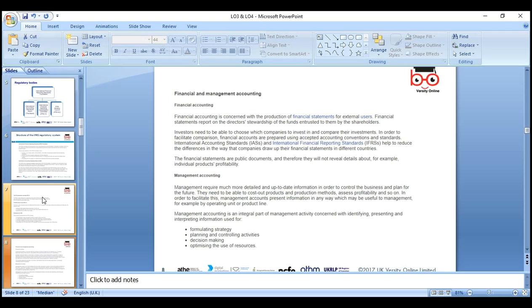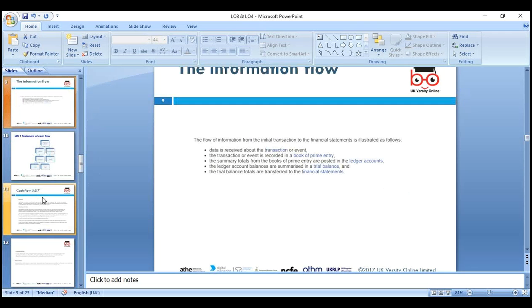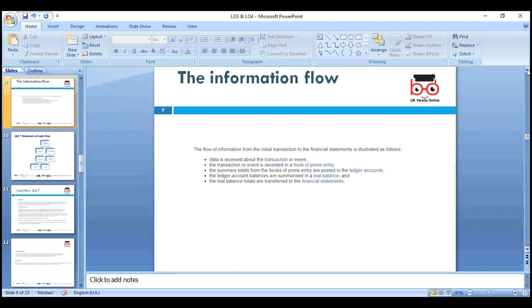Management requires much more detailed and up-to-date information for future decision making. So if all this information is rightly recorded, it will help management make the right decision.